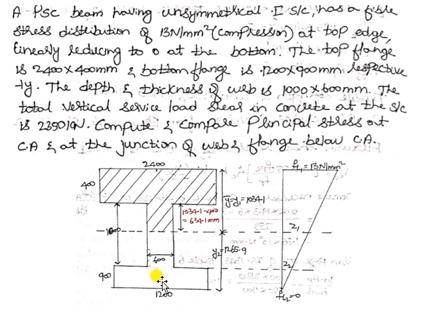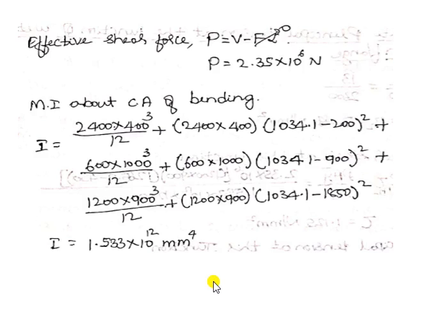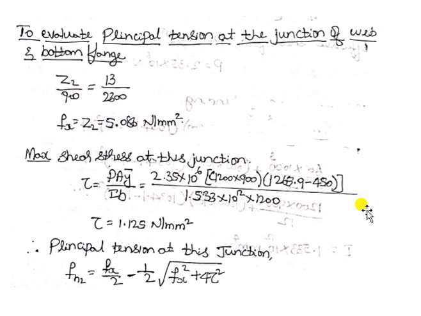So the centroidal distance of this flange with respect to the centroidal axis of the whole section is 1265.9 minus 900 by 2, that is what is written here, 450, divided by I into B. B is the width of the flange, therefore tau is equal to 1.125 Newton per millimeter square.